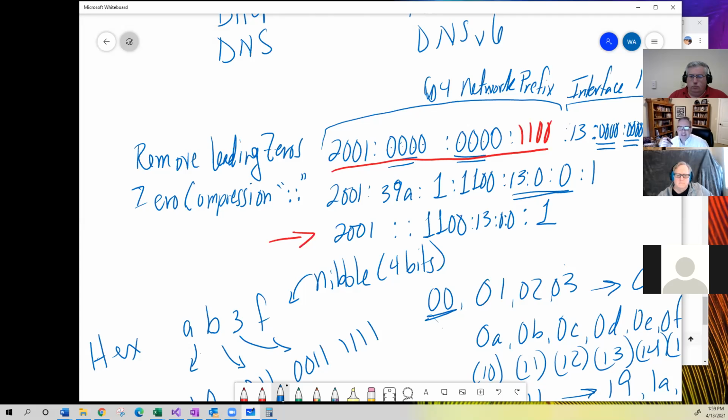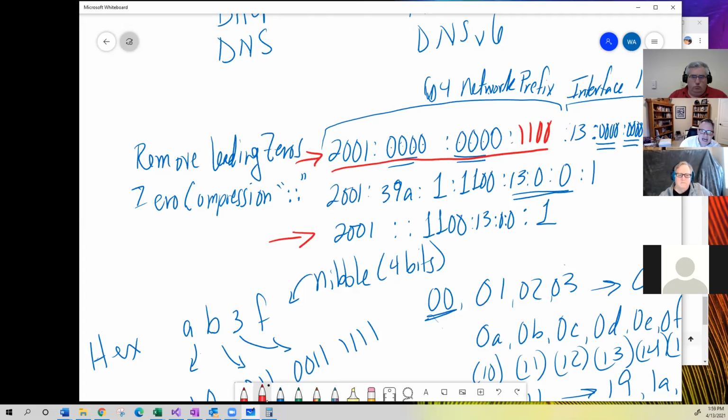Technically, those two numbers right there do the same thing. Those two are the same numbers. But the second one has had the leading zeros removed and zero compression applied, and searching for that second number would not find the first number.